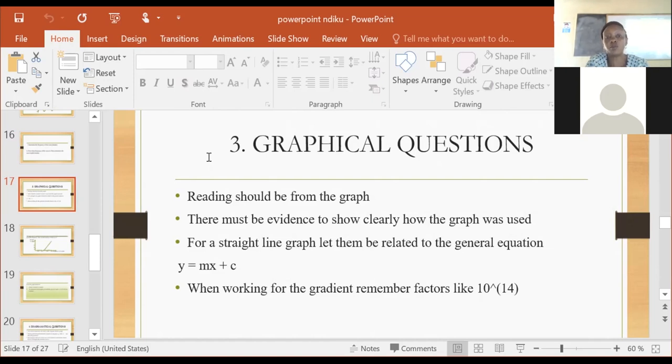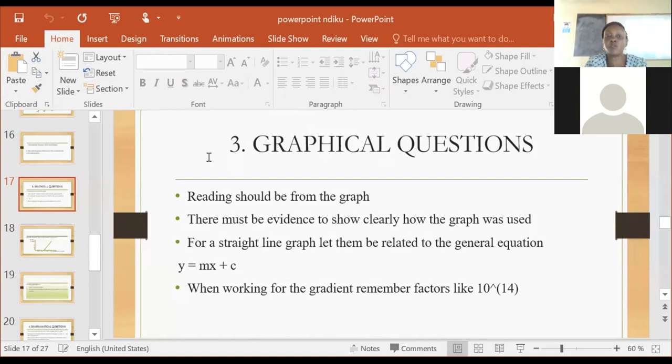The graphs will be drawn for you in the theory papers, but it's for you to answer the questions from the graph. When we are answering the questions from the graph, the reading should be from the graph, and there must be evidence to show clearly the graph was used.